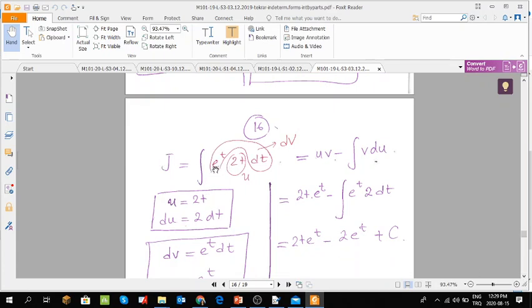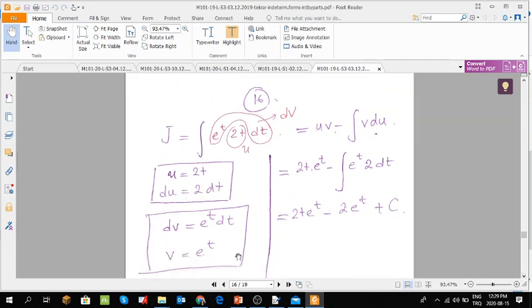J is equal to the integral of e to the t times 2t dt. I want to let 2t be u and e to the t dt, again dv. This is equal to u times v minus the integral of v du. My goal is to reduce the degree of t, and that's the only way. From here, du is equal to 2 dt, and dv is equal to e to the t dt.